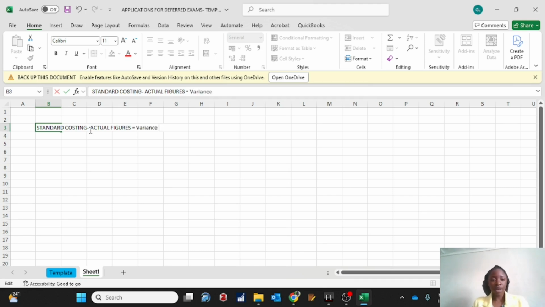So a variance is the difference between standard costs and actual figures. An analysis of the variances is what is known as the variance analysis.